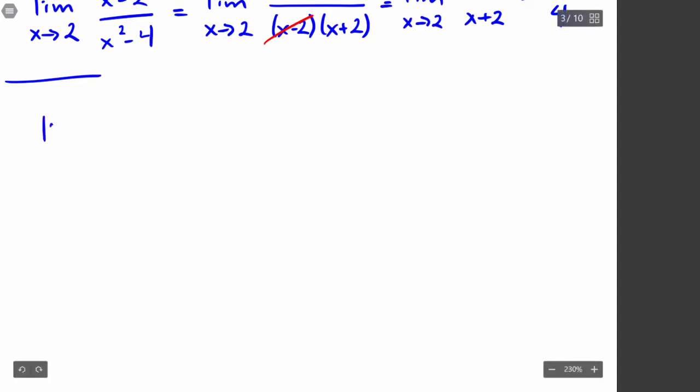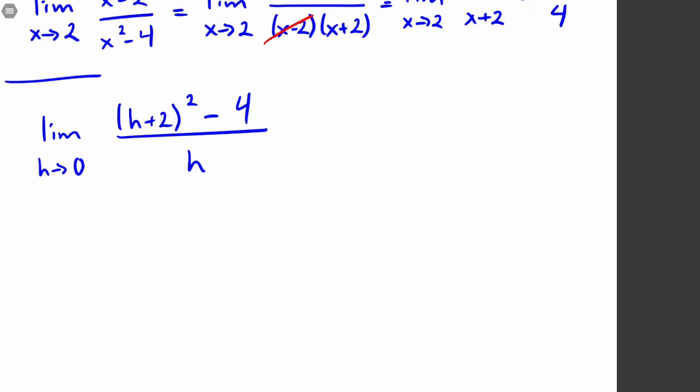Another example, let's say we look at the limit as h approaches 0 of h plus 2 squared minus 2 squared, 4, over h. Let's say we're looking at a limit like this.